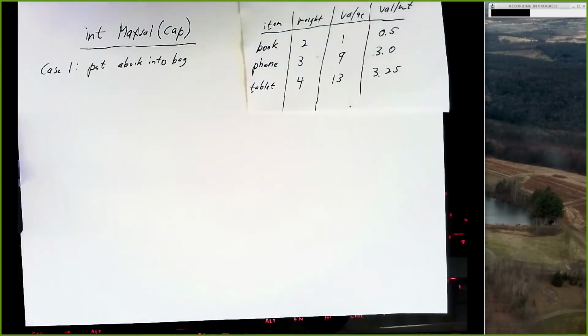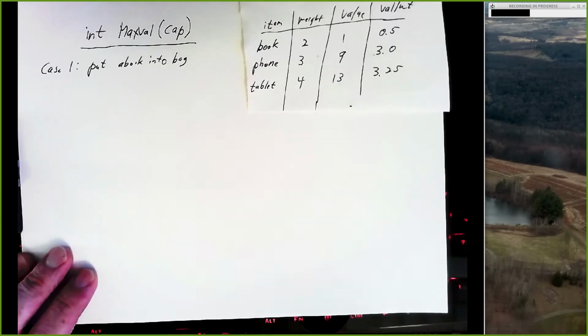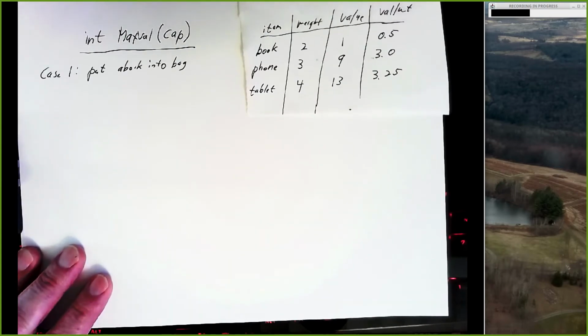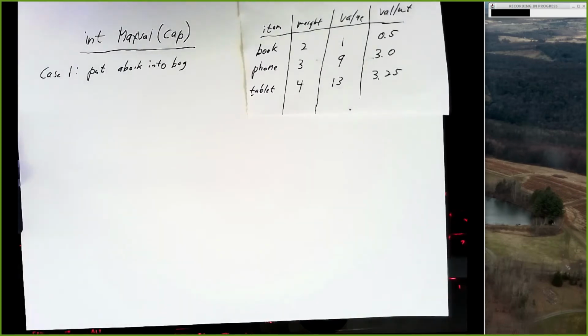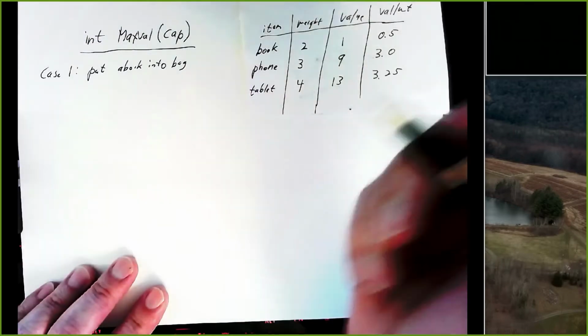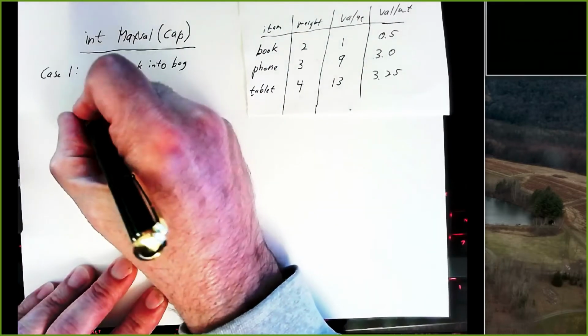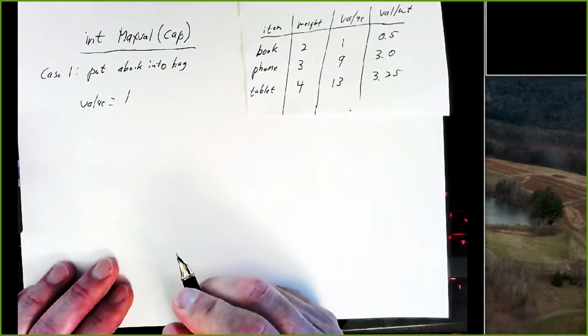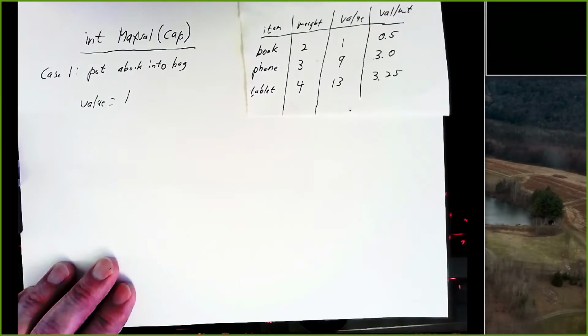All right, if we put a book into the bag, how much money do we have in the bag right now? What's the total value of stuff we have in the bag? Just 1, right? It's $1. We've put 1 book in the bag.